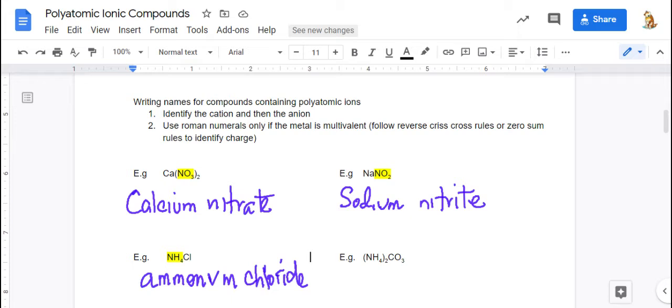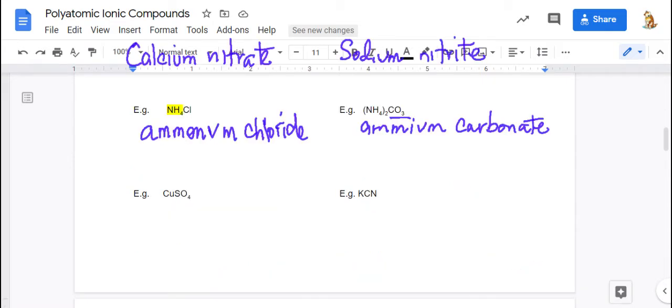So the next compound has two polyatomic ions in it. So this is ammonium. And then if you look that up, that is carbonate. Carbonate. Wow, I don't know what happened there.